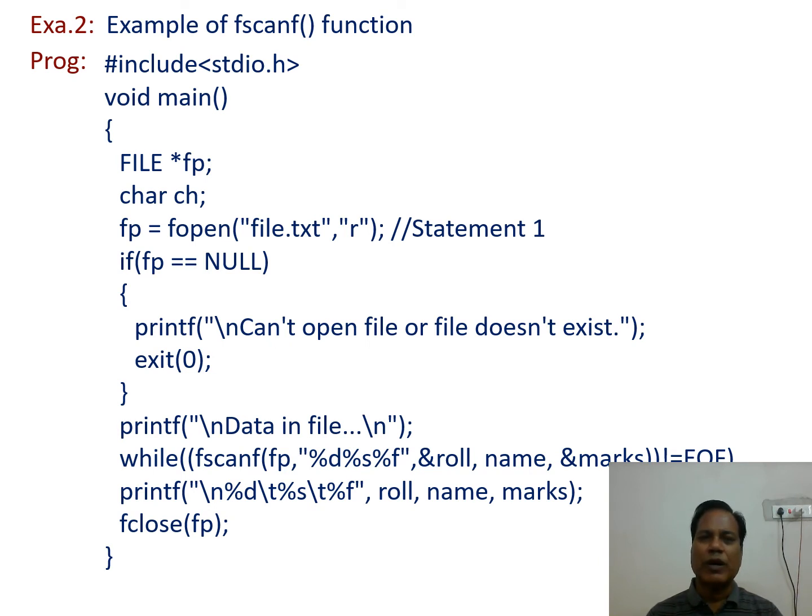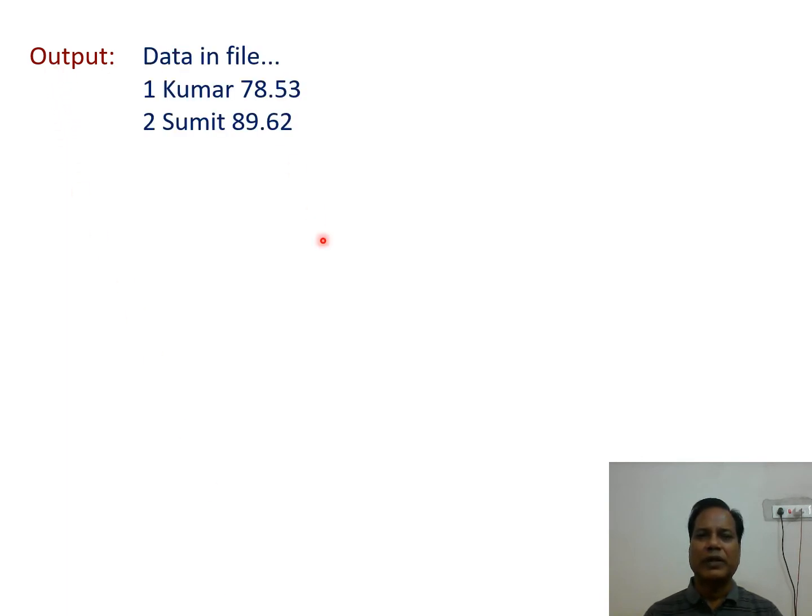When this program is run, we get the output like this: data in file, 1 Kumar 78.53, 2 Sumit 89.63.